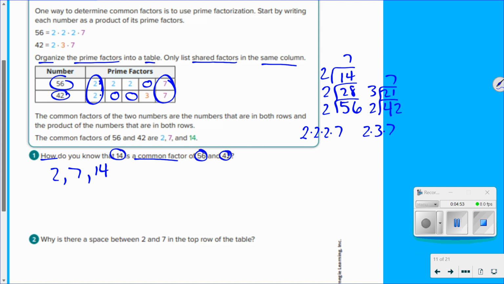If they have more than 1, I will multiply all of those to figure out the largest common factor. Keegan? That would be best, yes. Good job. Okay? So, how do we know it? Because 2 times 7 gives you 14.